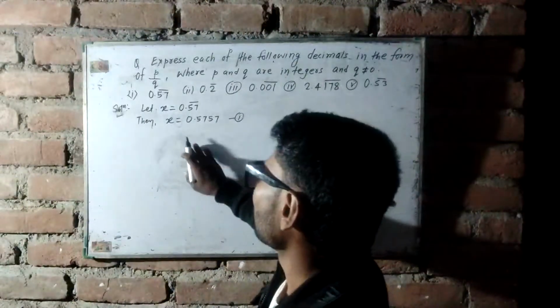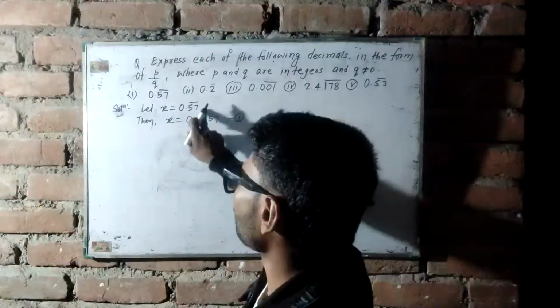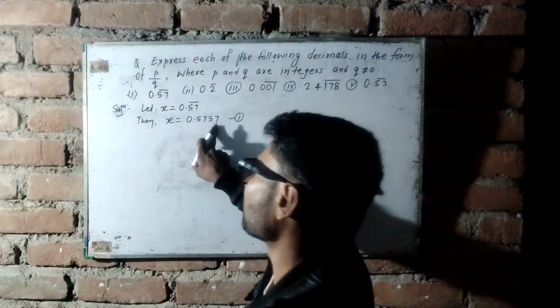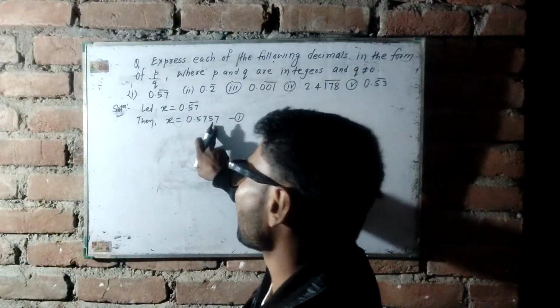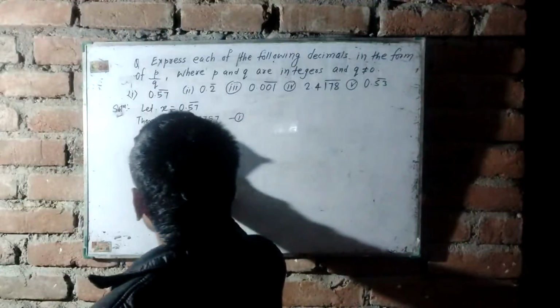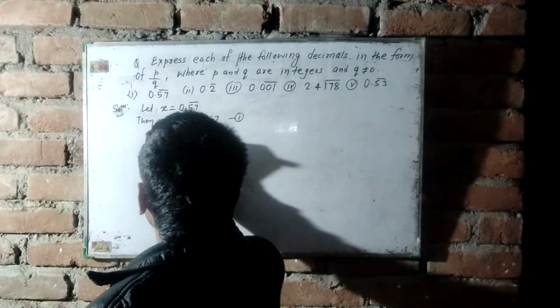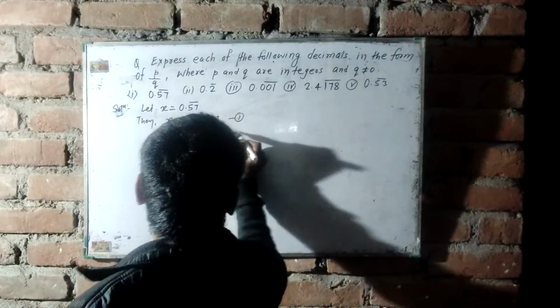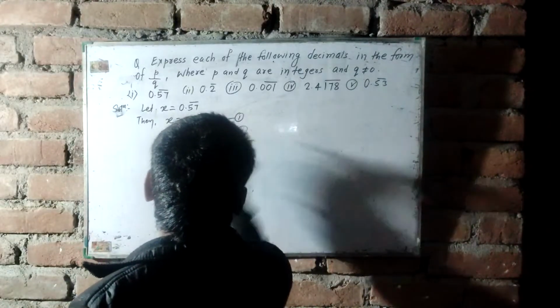The repeating block has only two digits, 5 and 7. So we multiply both sides of equation first by 100 and we get 100x is equal to 57.5757 as equation second.